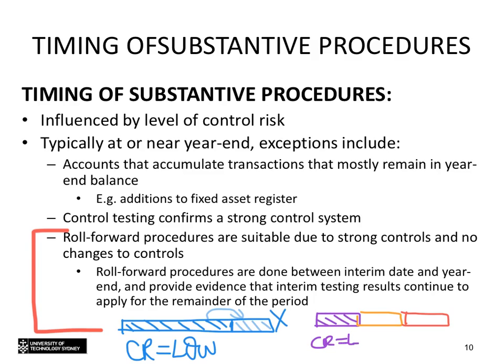Now, when it comes to year 2, if there have been no changes to the internal control system at all, nothing has changed between last year and this year, then this testing can roll forward and we say that the results we have from year 1 would equally apply to year 2.